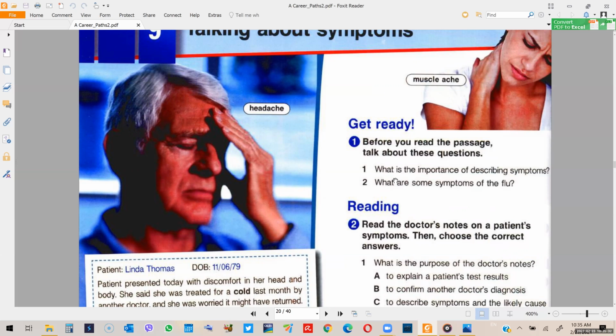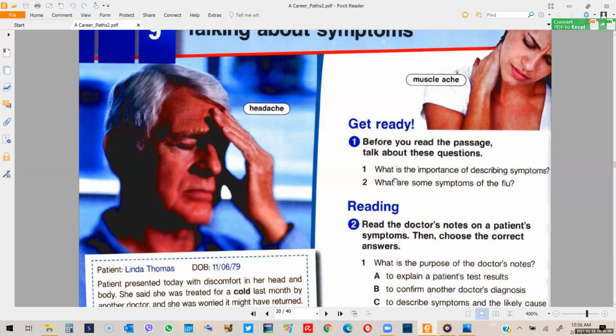Of course, the more accurate details he or she gives to the doctor, the easier and faster the doctor can diagnose the disease.